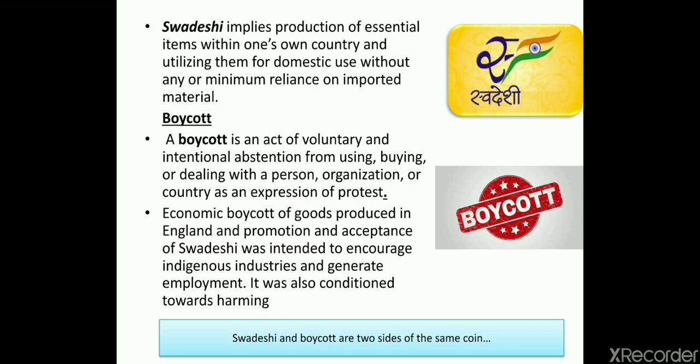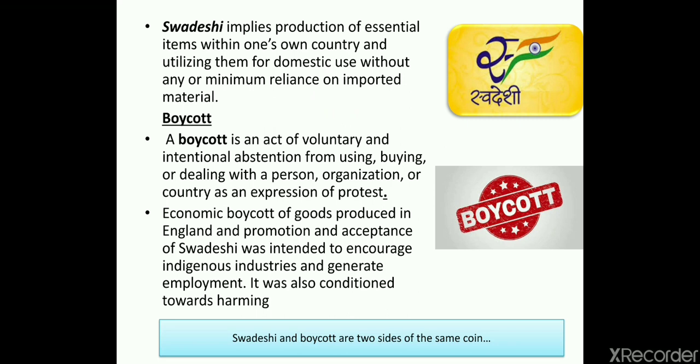So basically, the things which belong to our own country, we manufacture by ourselves, and for which we don't need any kind of imported material. Everything being prepared within the country has to be prepared from material which is produced by our countrymen only, by our people only, right? And that was Swadeshi.